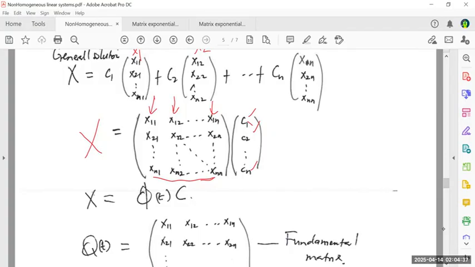So this one will be a combination of k1 e to the power lambda 1 t.